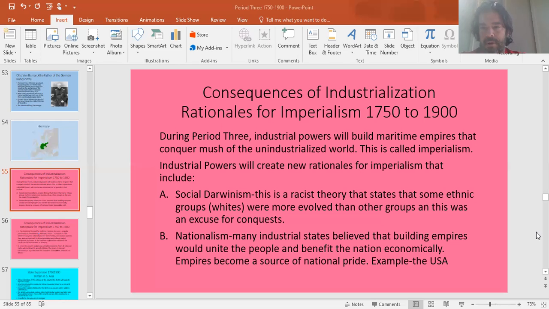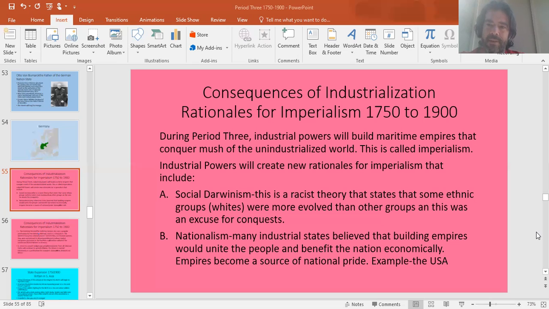All of Africa is going to be conquered by different powers. Australia is going to be conquered. New Zealand is going to be conquered. What do all these regions have in common? What they have in common is that the natives are not white.